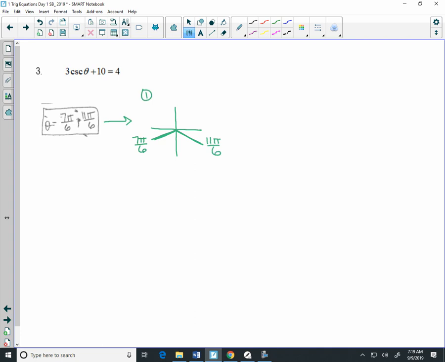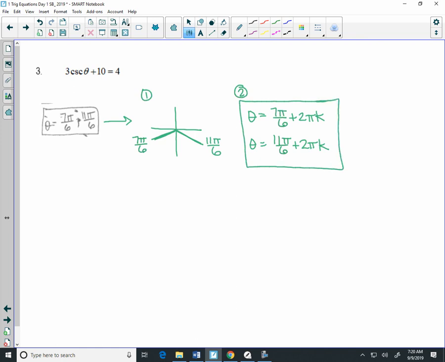They're not right across the unit circle from each other, so they are not pi apart. So what we're doing here is writing two equations. 7 pi over 6 plus 2 pi k captures all of your coterminal angles for 7 pi over 6, and 11 pi over 6 plus 2 pi k captures all your coterminal angles for 11 pi over 6.